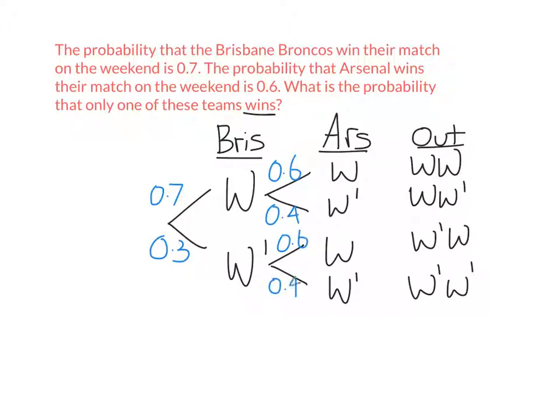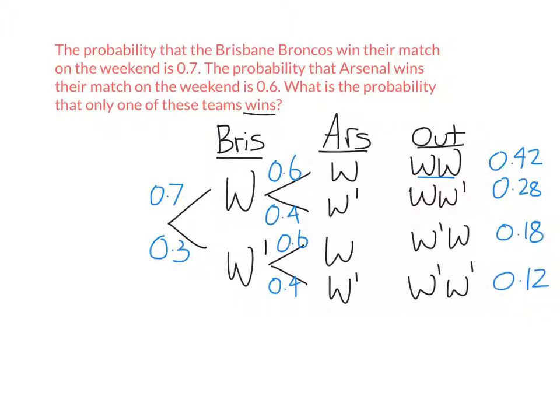So once again, to find the probabilities of each outcome, I just multiply the respective probabilities together. So the probability that both win is 0.7 times 0.6, which is 0.42. The next one is 0.7 times 0.4, then 0.3 times 0.6, and 0.3 times 0.4.